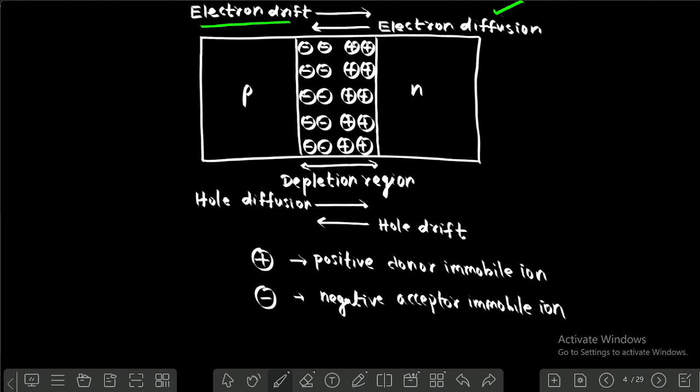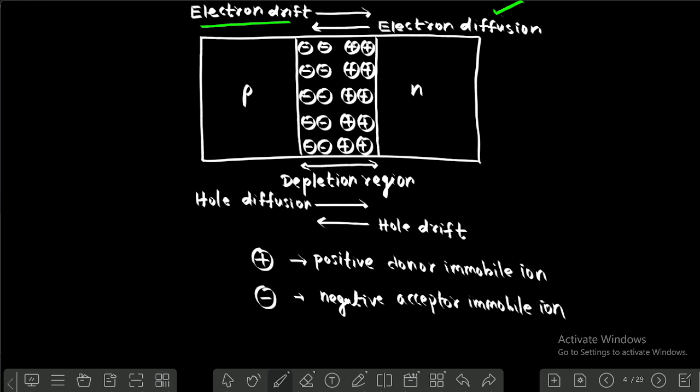When they ask two processes involved in the formation of p-n junction, remember, one is diffusion and another is drift. First write diffusion: the process in which electrons diffuse from n to p and holes diffuse from p to n because of concentration gradient is called diffusion.